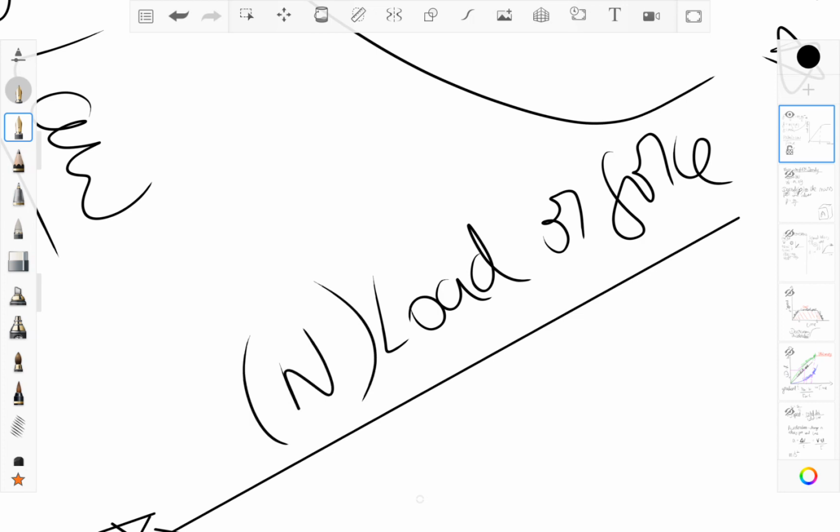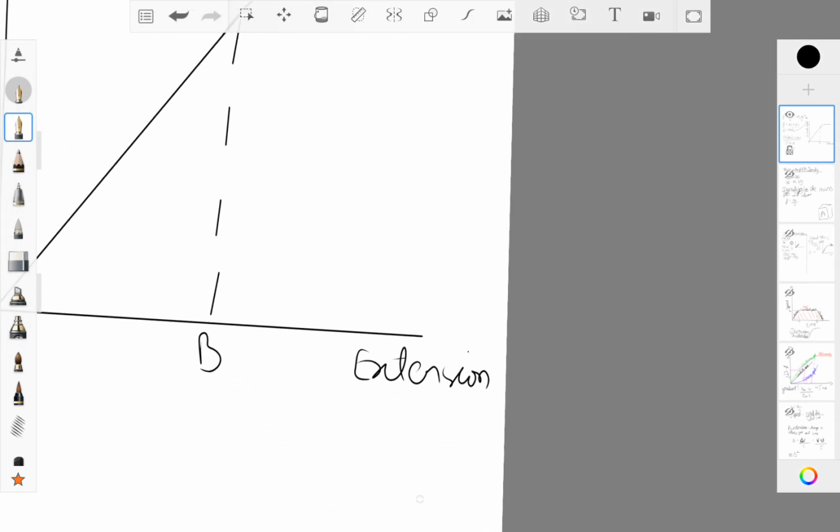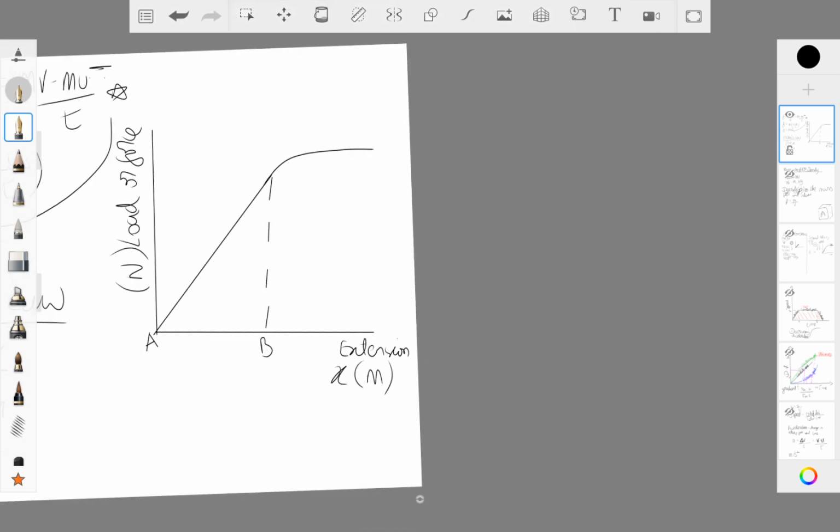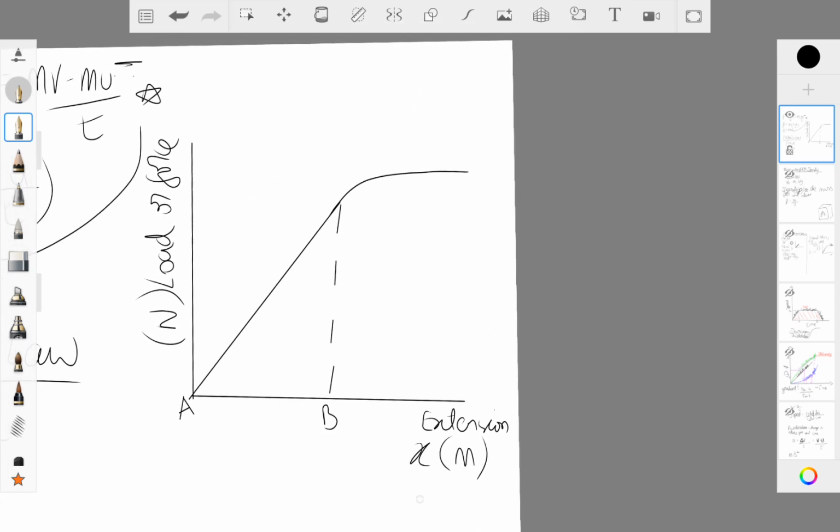Of course, force is measured in newtons, and the extension x is on the x-axis. The SI unit would be meters, but practically speaking, you would use centimeters, which is fine as long as your units are correct.